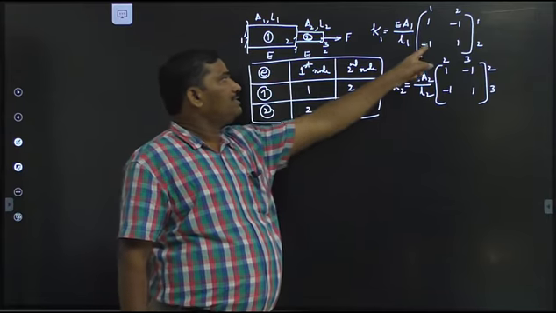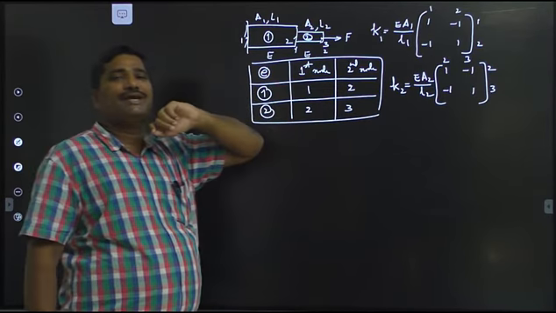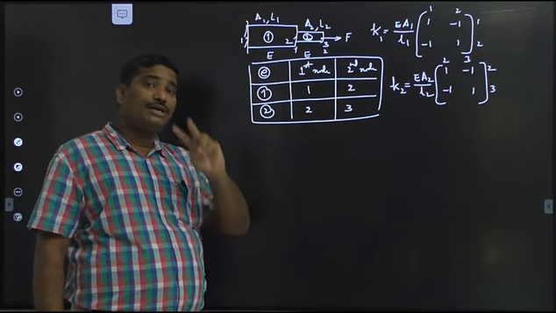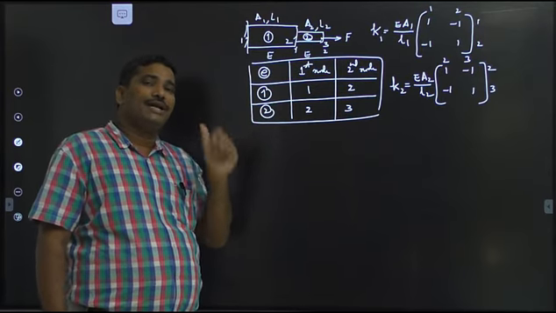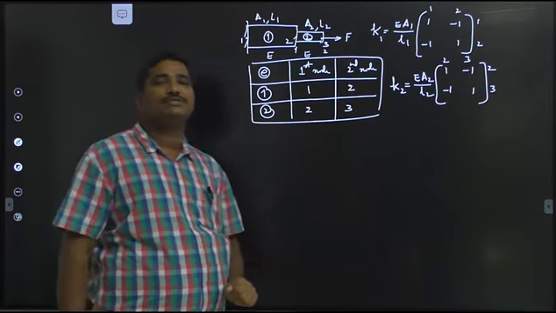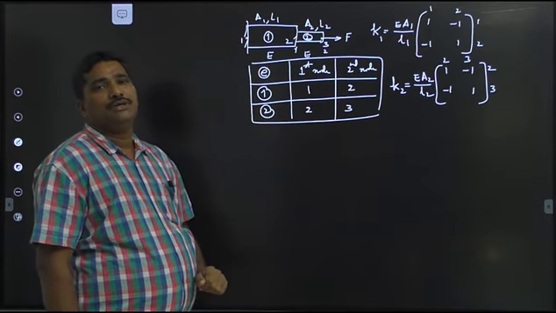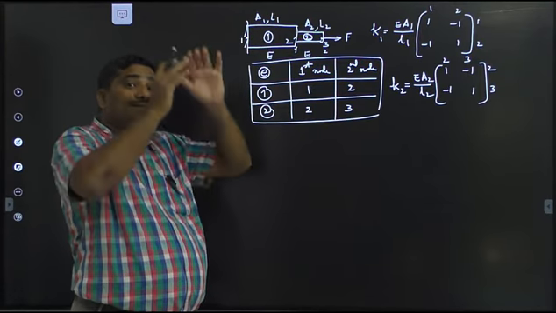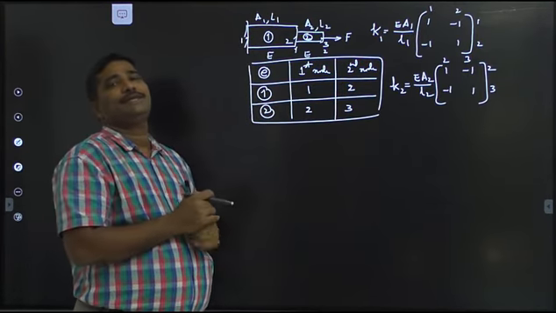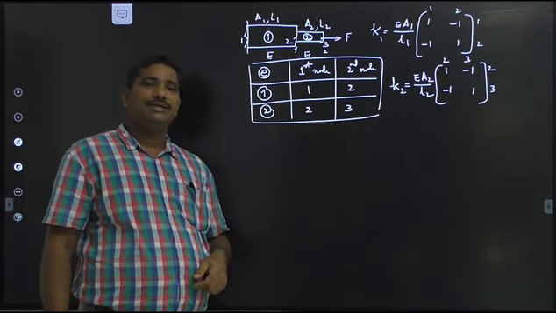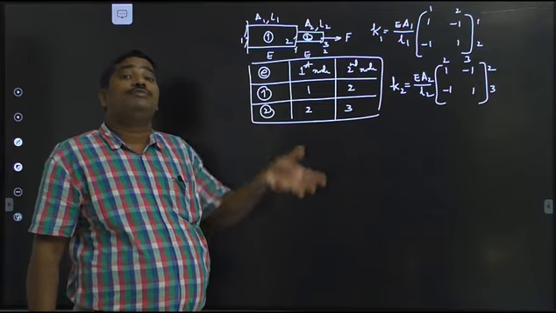The size of the element stiffness matrix is 2 by 2, because there are only 2 degrees of freedom in the one-dimensional finite element. When you assemble all the element stiffness matrices, you get a global stiffness matrix capital K.